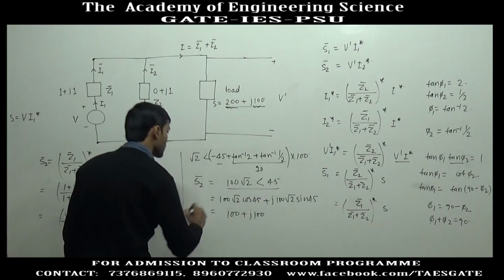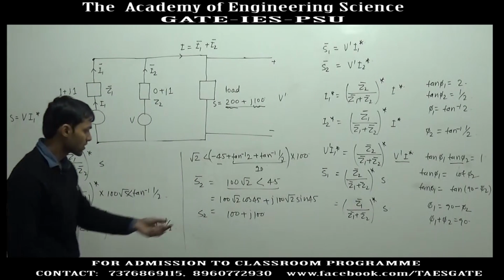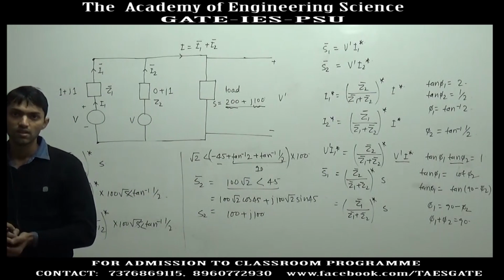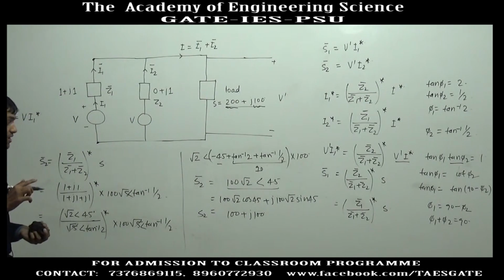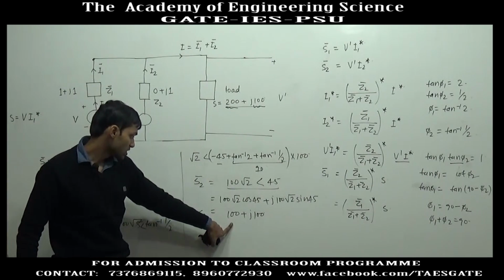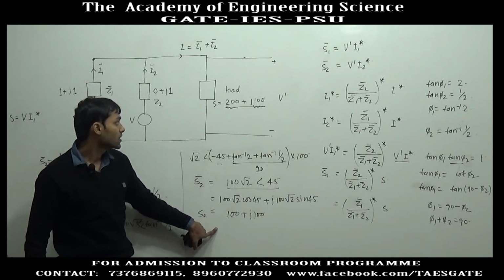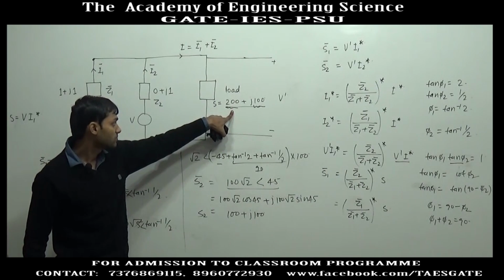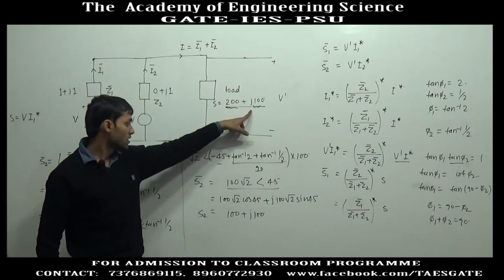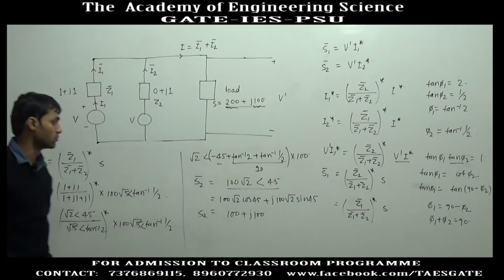So, the active power contributed by generator 2 is 100 watt and reactive power contributed is 100 VAR. So, 100 watt was contributed by generator 1 and 100 watt is contributed by generator 2. So, the total load demand will be met, that is 200 watt, and reactive power is only met by generator 2.